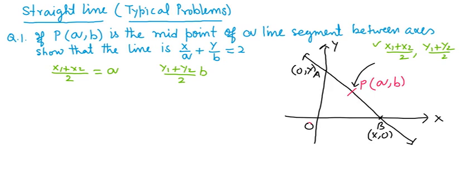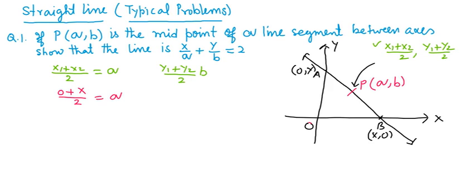So x1 here is 0, x2 is x, so x/2 is equal to a.